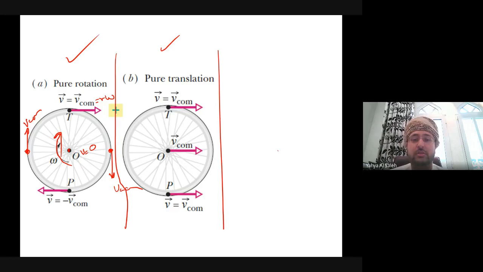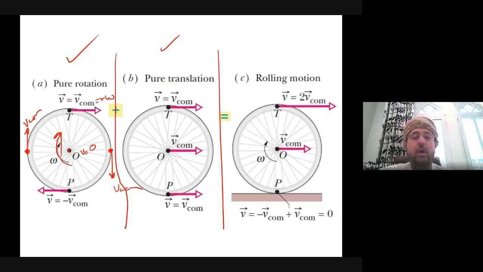But velocities are vectors, so they have directions. So plus and plus, we end up with 2 VCOM. 0 and VCOM, we end up with VCOM. And the bottom side, here we had it going in this direction with velocity something.